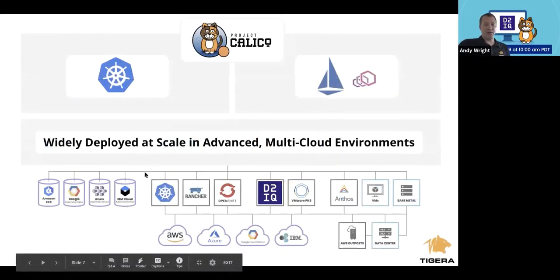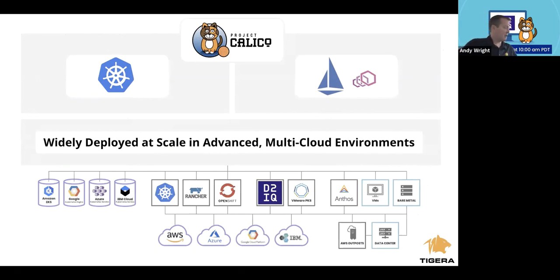All right. So the area of day two operations we're going to talk about today is security. Calico is providing two different capabilities. The first is networking, and Calico is the best CNI that's out there. It can integrate with your on-prem network quite well.